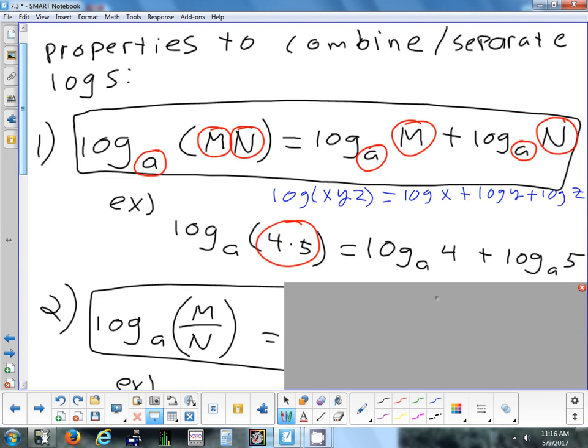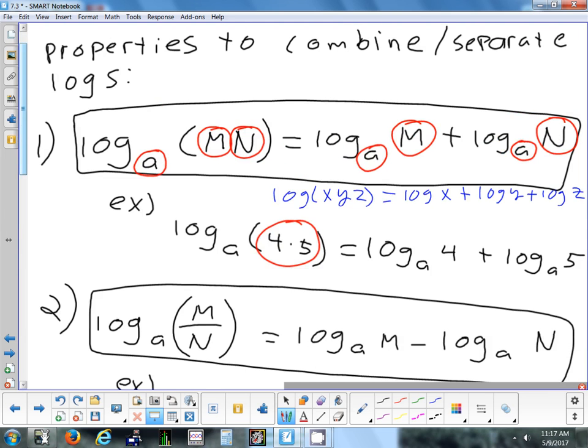Josh? Subtraction. Division would split as subtraction. One thing you have to be careful with subtraction is now the order matters. With addition, not really. But with subtraction, you always want to do log of the top minus log of the bottom. Keep the base the same for the whole thing.